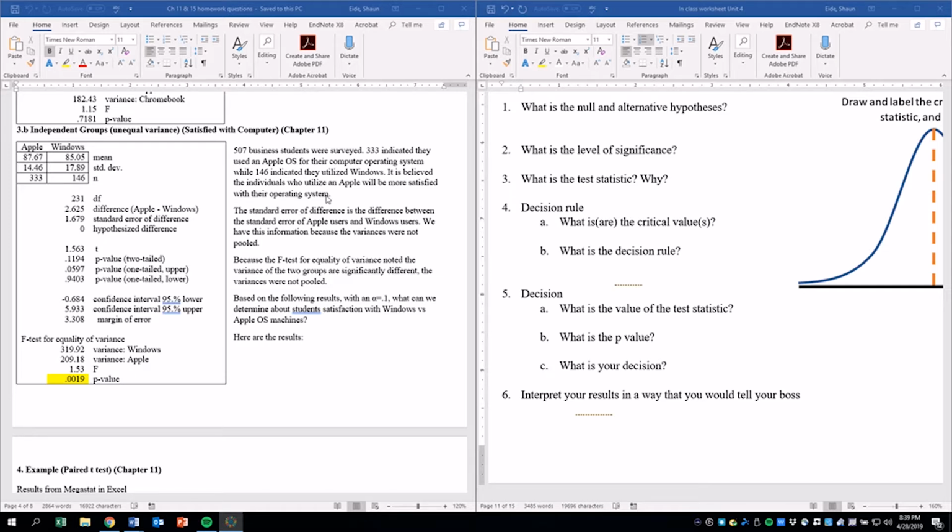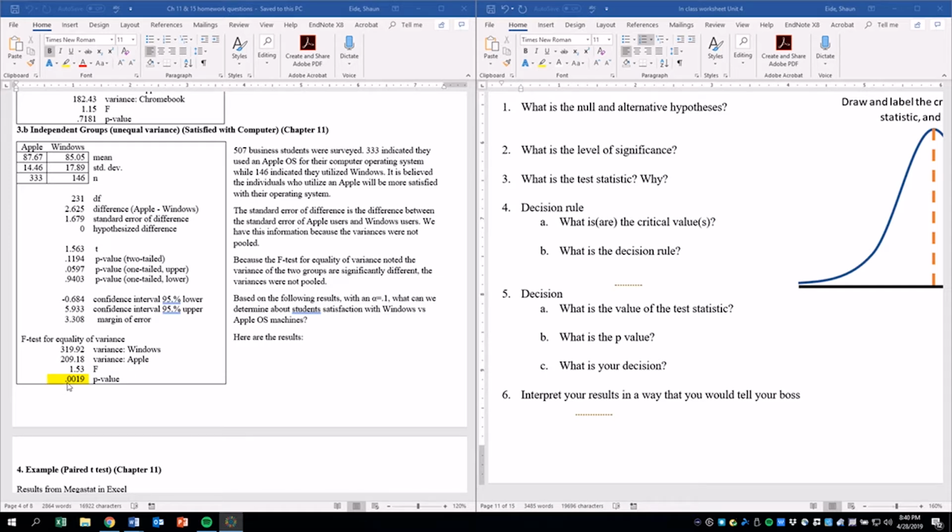The standard error of the difference is the difference between the standard error of Apple users and Windows users. So you see right here, the standard error of the difference is the difference between Apple users and Windows users. We have this information because the variances were not pooled. So you notice down here, the F-test for the equality of variance says that the variances are not the same.